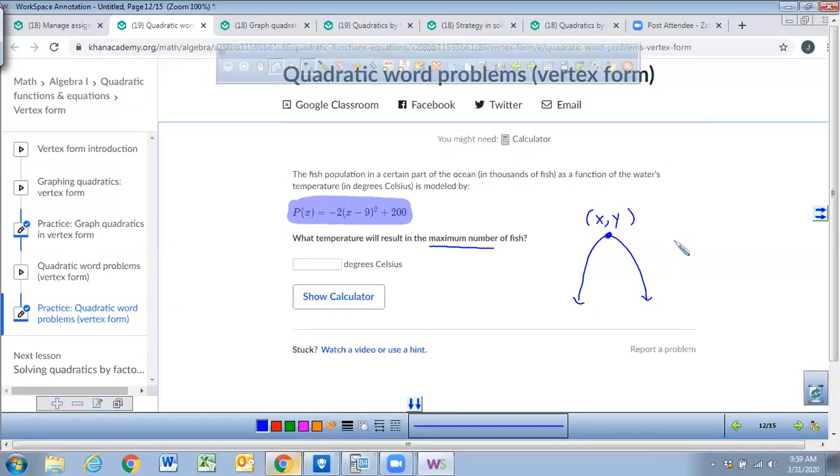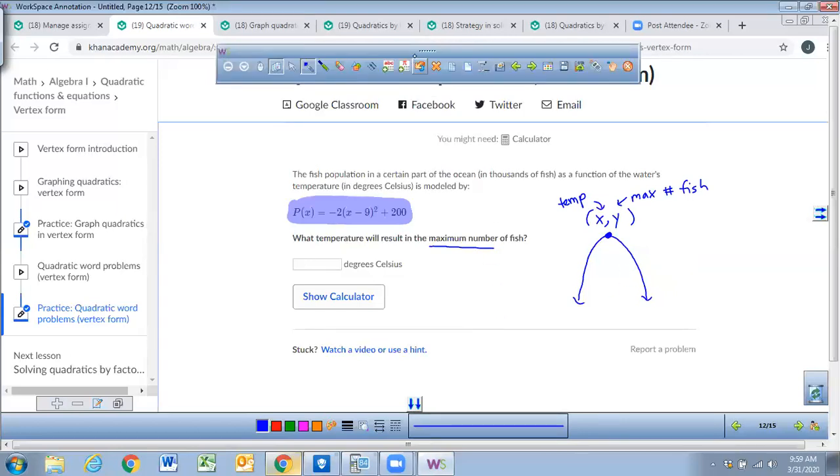But right now we have to ask ourselves, what's it asking for? Is it asking for the X value or the Y value? Is it asking for the maximum number of the fish, or is it asking for the temperature that it will be in order to create the maximum number of fish?